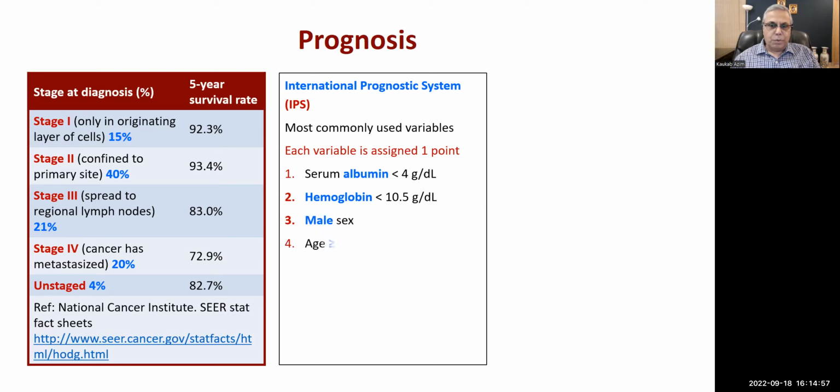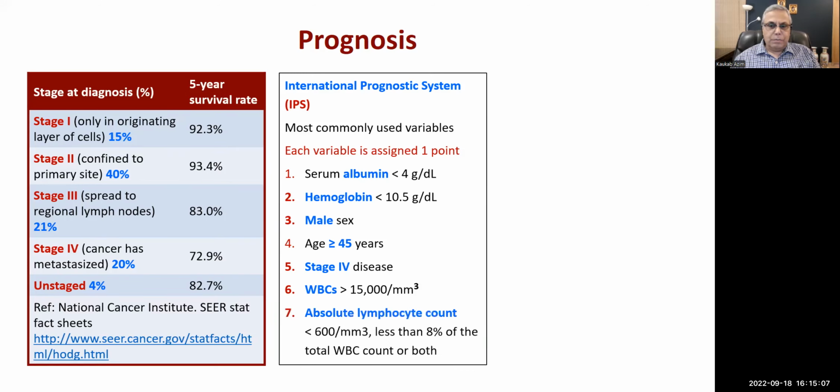Male sex, 1 point. Age more than 45 years, 1 point. Stage 4 disease, 1 point. And WBCs more than 15,000, again 1 point. And absolute lymphocyte count less than 600, or less than 8% of total WBC. So again, each one of them has 1 point.